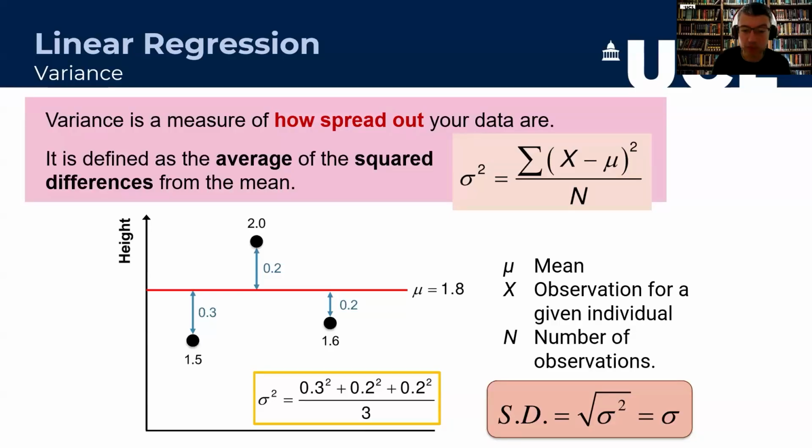This is the formal definition: it's the average of the squared differences from the mean. And it really tells us how far away each of these dots is compared to the mean and the straight line.